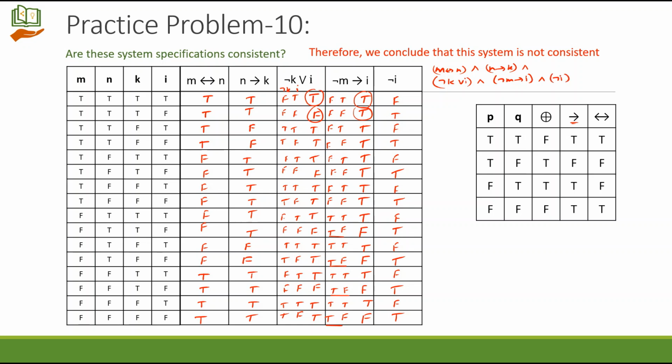Whenever you have true in all the 5 columns, that alone will give you true in the final column. We have true, true, true, true and false here. So this is false. True, true, false, true, true. Even if you find one false there, it will end up with false. Because we know true and true will give true.